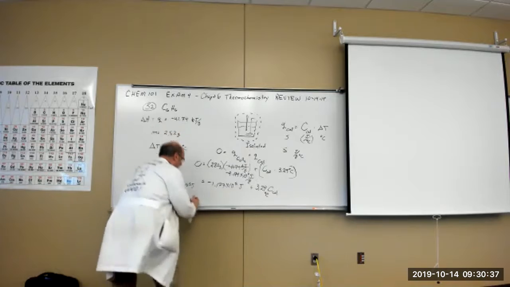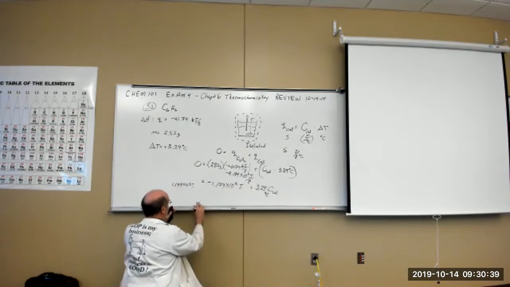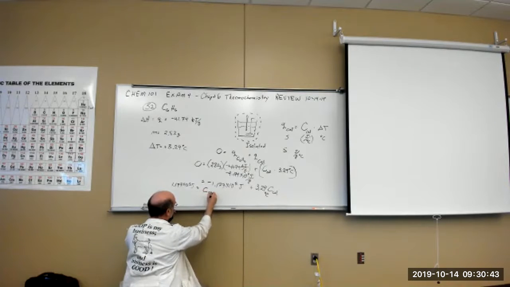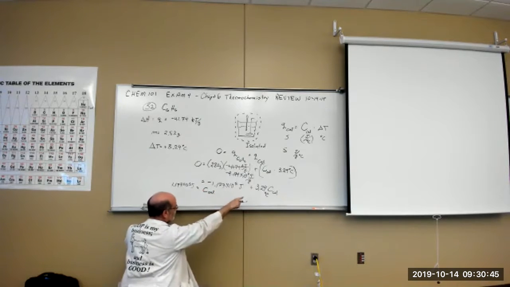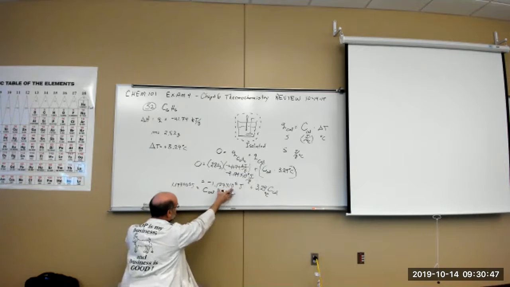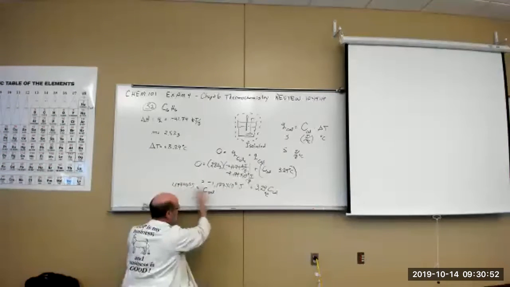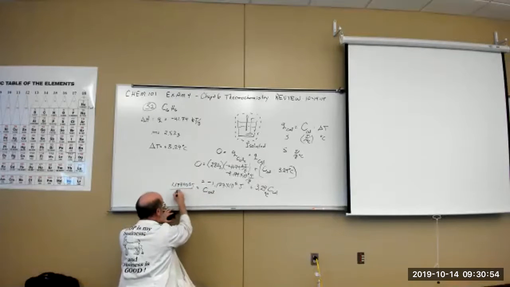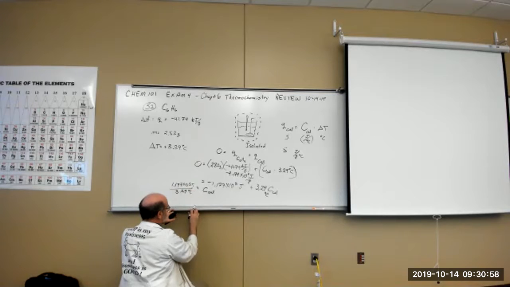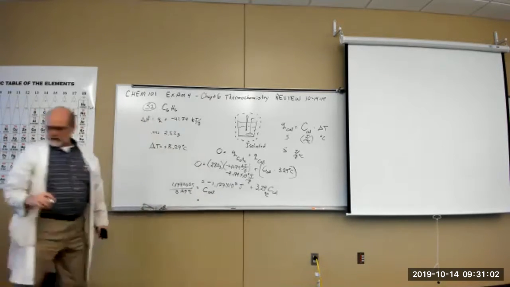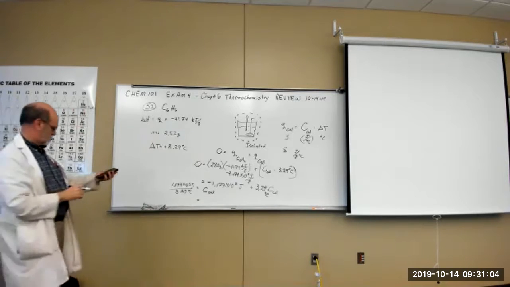And then, I do it in one step. Put that 3.29. So we move this one over here. Now we can divide both sides by 3.29. Okay. And 3.29 divided into this value.